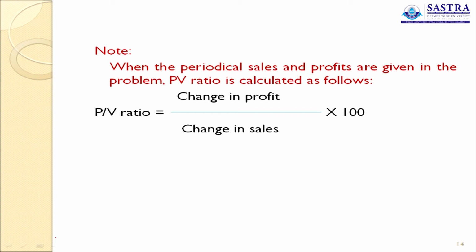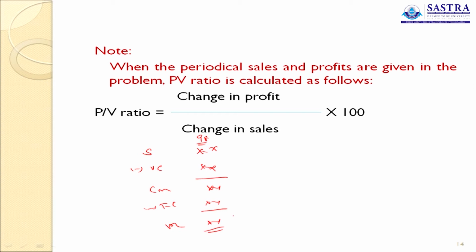When the problem does not give periodical data, suppose they give only sales for a single period, take for example 98, variable cost for a single period, this is contribution, then fixed cost for a single period, this is profit. So, simply you calculate PV ratio with the help of the previous formula.